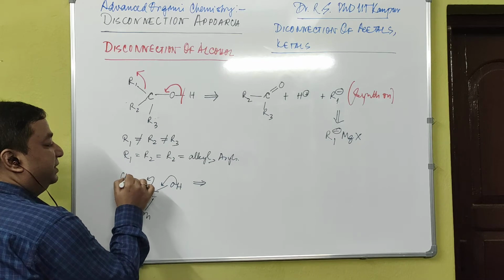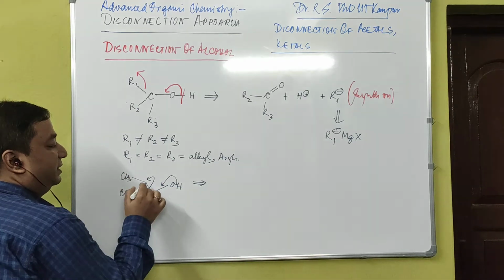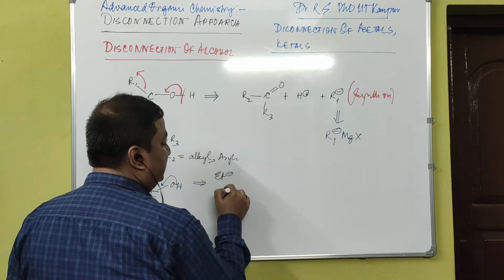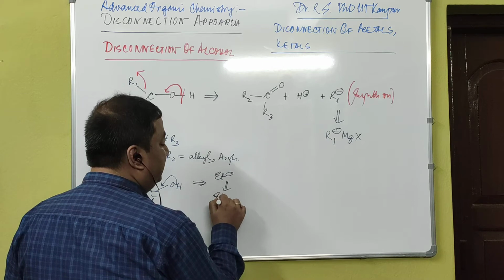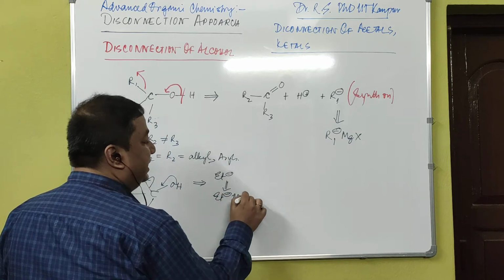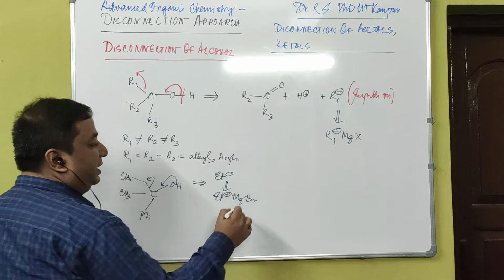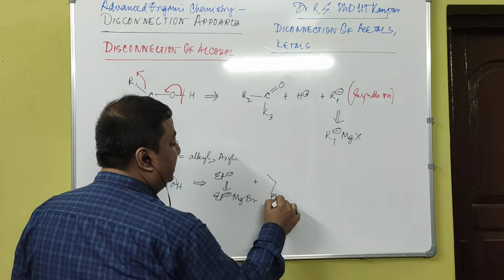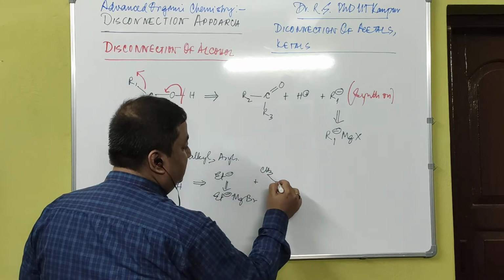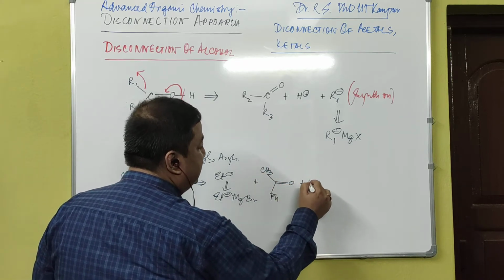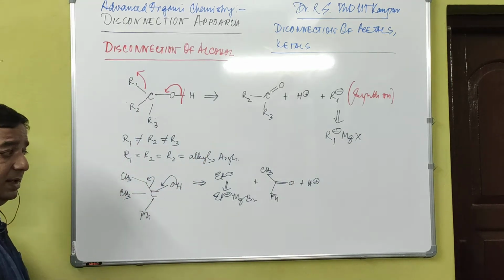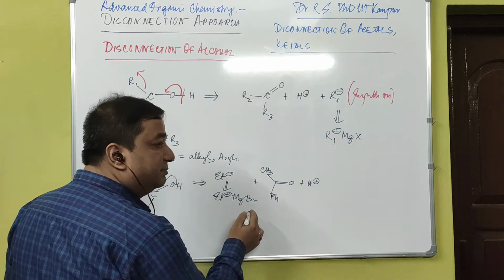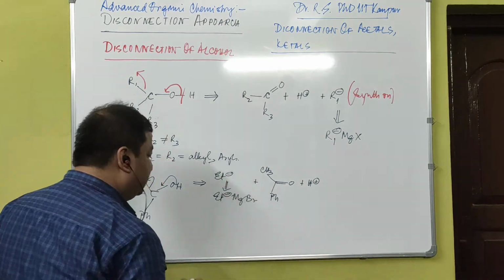So this is your CH3, that is your CH3, this is CH2CH3. If I take away the ethyl, I will get Et minus, that is my synthon. The reagent will be Et MgBr, and along with that my ketone will be PhCOCH3 plus H plus. Acetophenone is an available reagent in the lab. You can make ethyl magnesium bromide. So this is one of the possibilities.